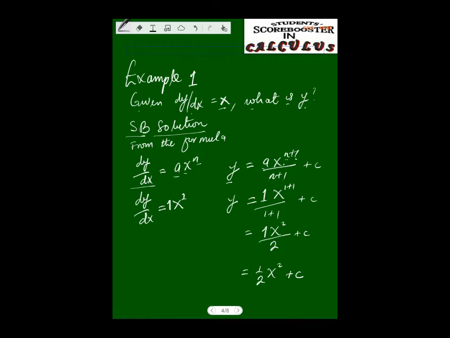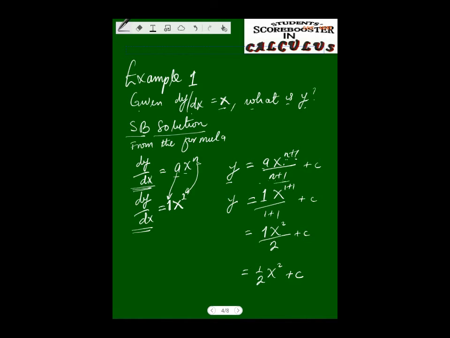So if you look at what we have here, we have dy/dx is equal to x. If you want to write this one, you put the coefficient of x, which is 1, then x raised to power 1. So if you compare the question with the formula, you discover that your a is equal to 1 and your n is equal to 1.